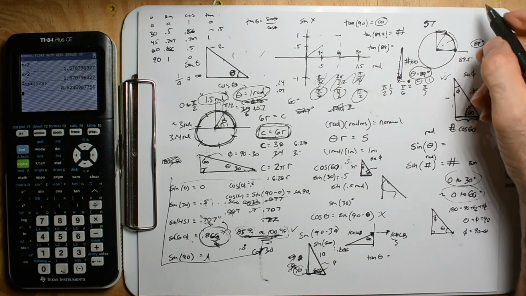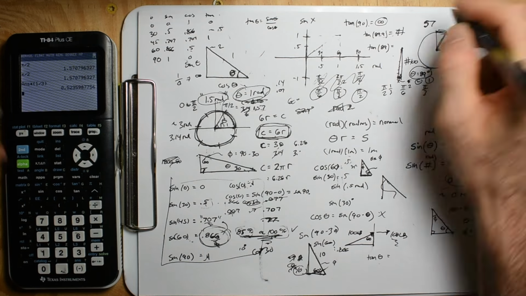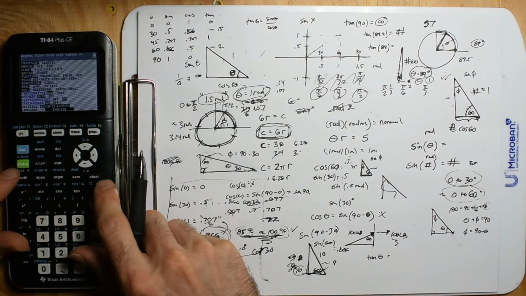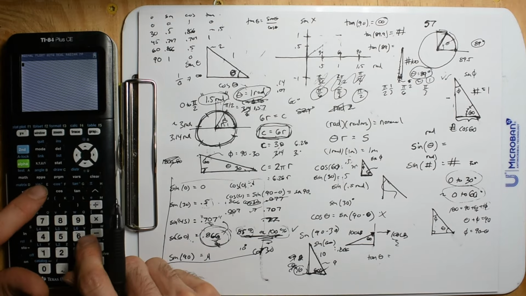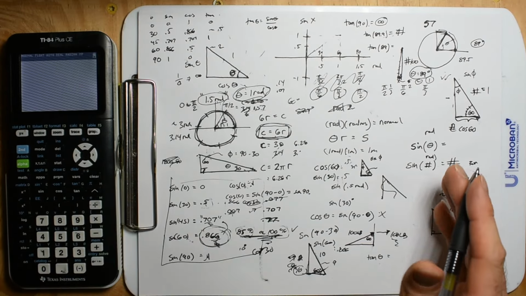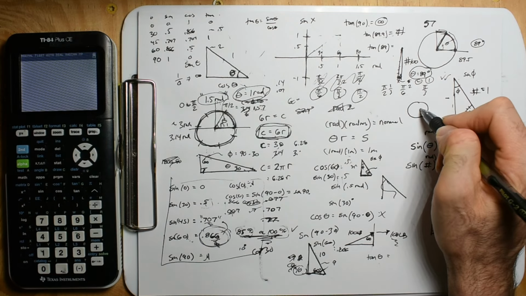And I don't think it has anything to do with the radians being in our calculator. Let's go to radians, and let's type in sine of, well, how do we actually get 1 radian? What's the definition of a radian?